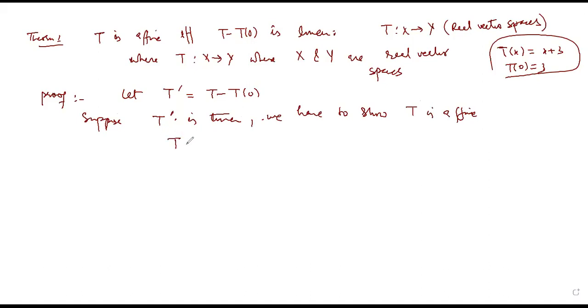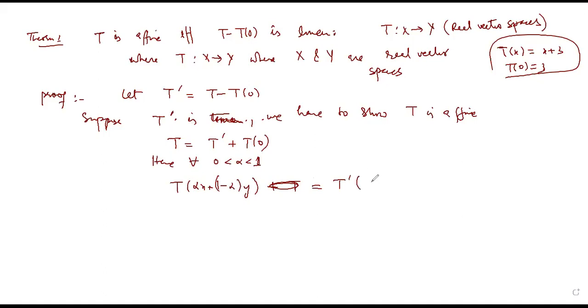Now T is equal to T dash plus T of 0, right? And I'm assuming that T dash जो है वो linear है. Hence, for all 0 less than alpha less than 1, I would have T of alpha x plus 1 minus alpha times y is equal to T dash of alpha x plus 1 minus alpha times y plus T of 0.